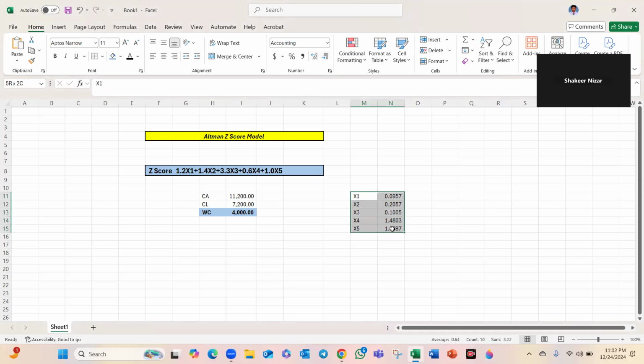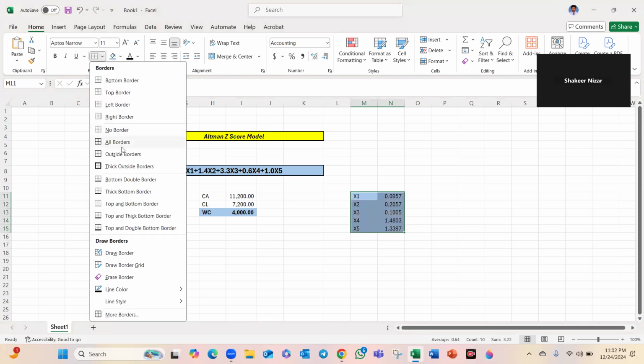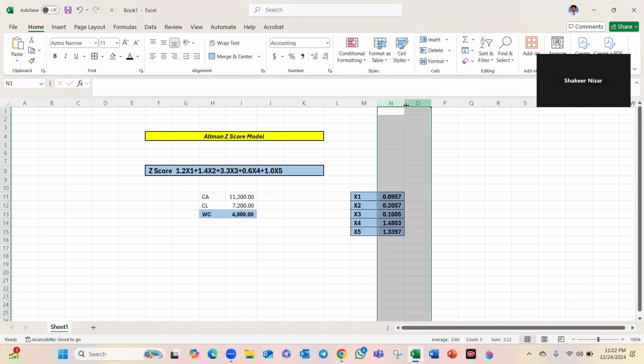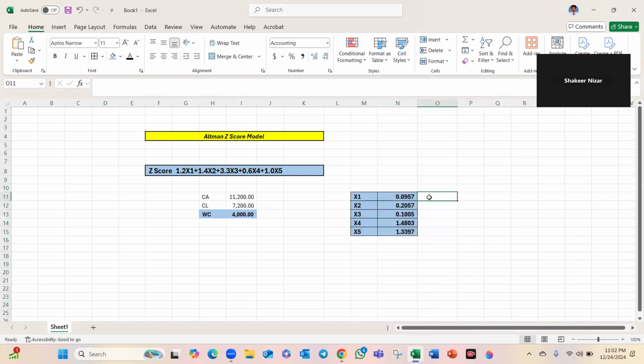Now it's your duty to do a solid calculation. It is not that hard. You want to plug the values into the weightages: 1.2, 1.4, 3.3, 0.6, and 1.0, actually it's 1. Then you multiply the relevant value with the beta values, and you can get the answer.